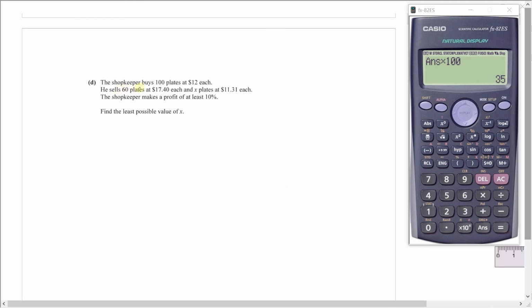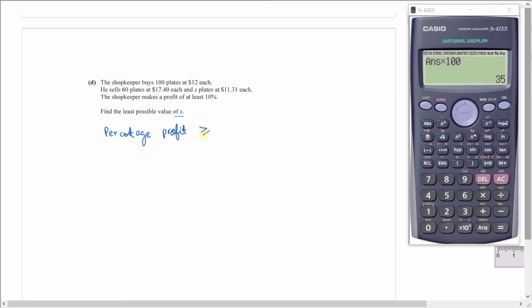Part D: The shopkeeper buys 100 plates at $12 each. He sells 60 plates at $17.40 each and X plates at $11.31 each. The shopkeeper makes a profit of at least 10%. Find the least possible value of X. So you're given that the percentage profit is at least 10%.